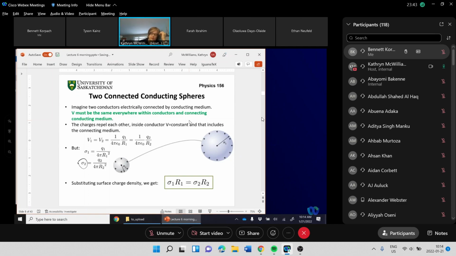So we talk about a surface charge, right? This is sphere 1 and this is sphere 2. This has sigma 2 and sigma 1. It has radius 2 and radius 1, and they're connected by a wire or conductor.